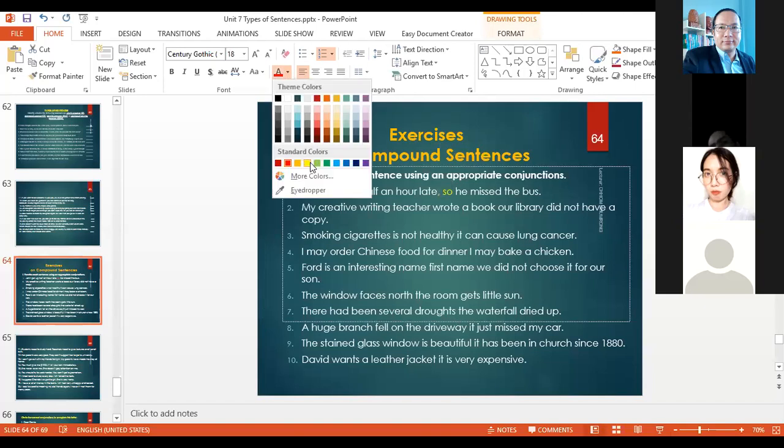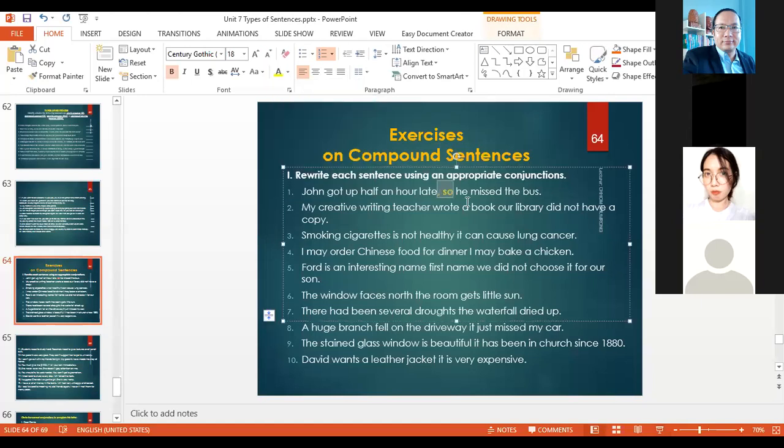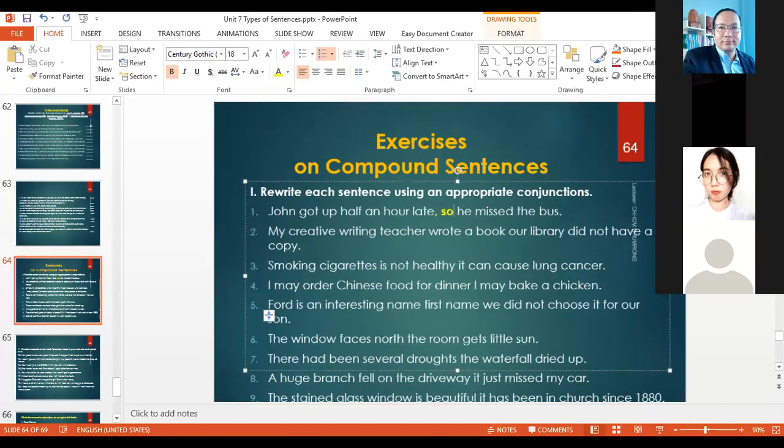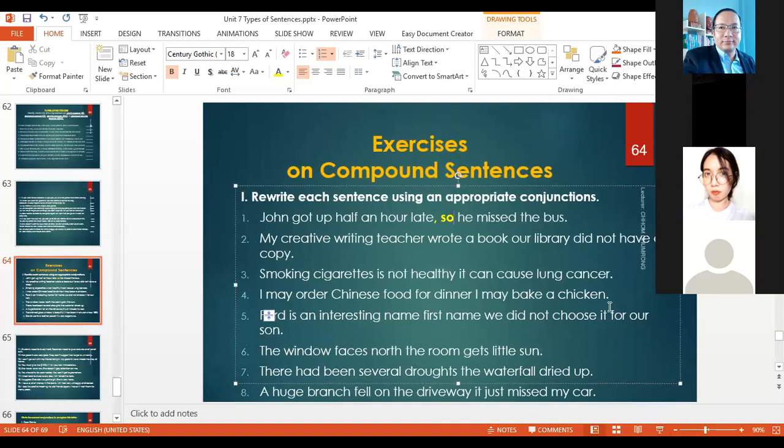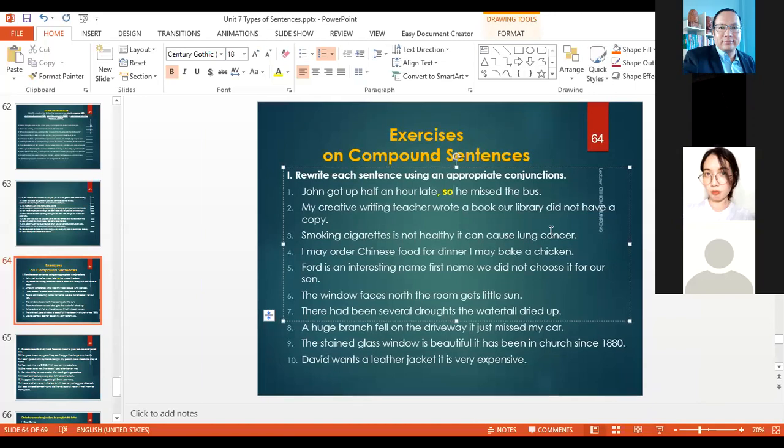a conjunctive adverb, which word means the same as the word so, everybody? What word? Anyone? Therefore. Yeah, therefore, right? So if you use therefore, we need semicolon and comma.